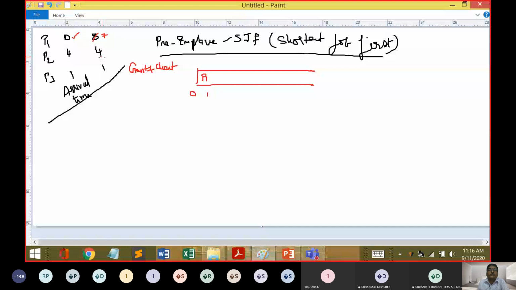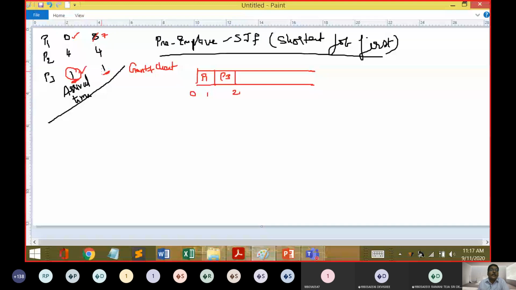Now we can see P3 has arrived at 1 millisecond. So now what happens? It compares and takes up this P3 here. P3 computes for 1 millisecond.